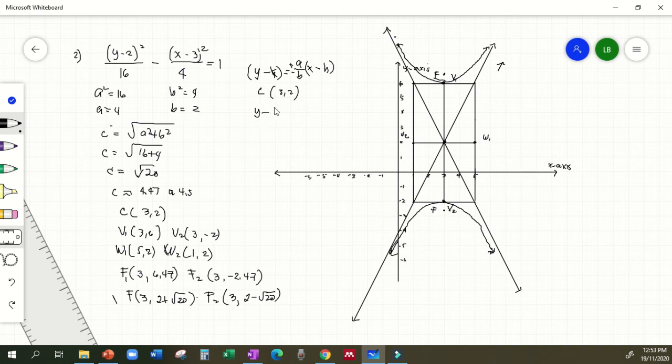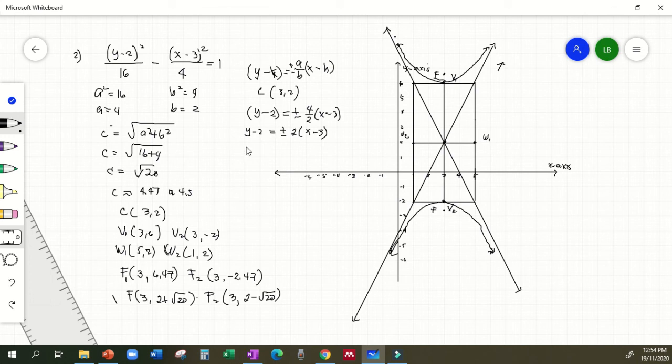3, 2. Ito yung hk natin. So, y minus 2 equals plus or minus a. What? a is 4 over 2 multiplied by x minus h. Our h is 3. So, x minus 3. So, we have y minus 2 equals plus or minus, this is 2, quantity x minus 3.